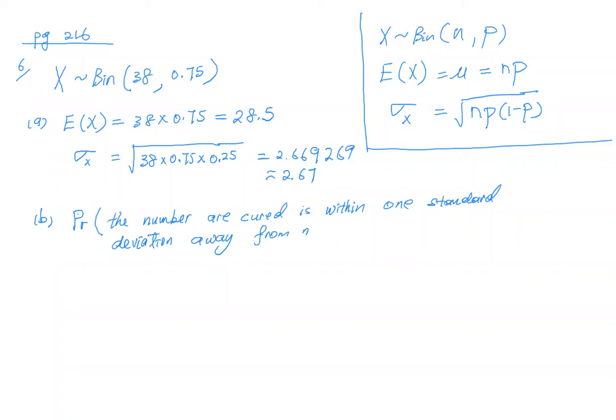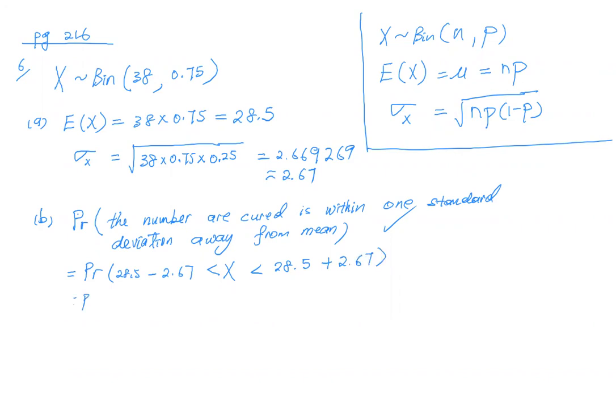In the exam, I will give you this. So that means your x is between the mean minus one standard deviation, and the upper end is the mean plus one standard deviation. You get me?